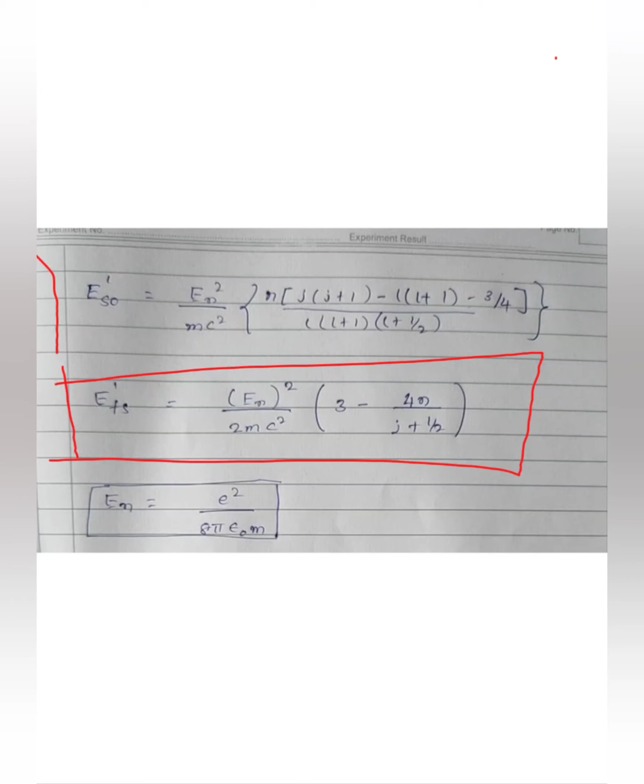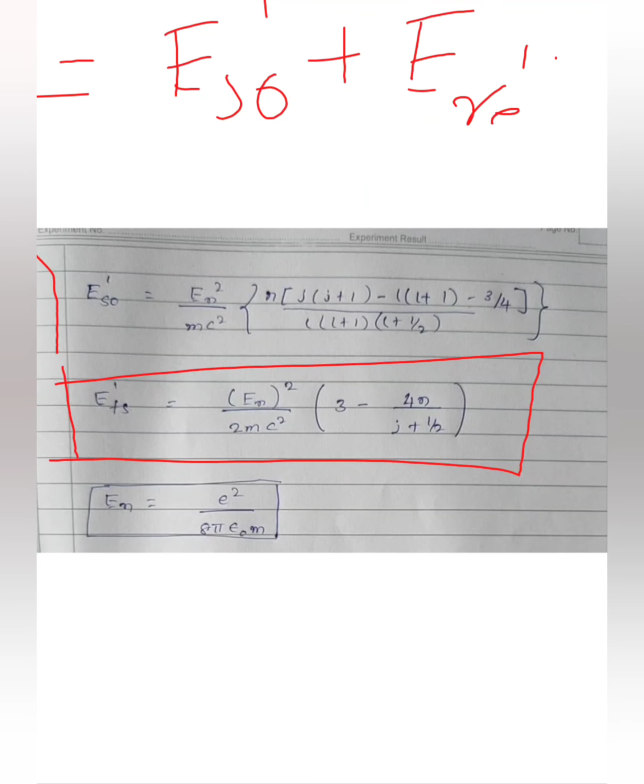This is the addition of E S-O dash plus the energy due to the relativity correction, which is equal to E FS. This is called the fine structure.